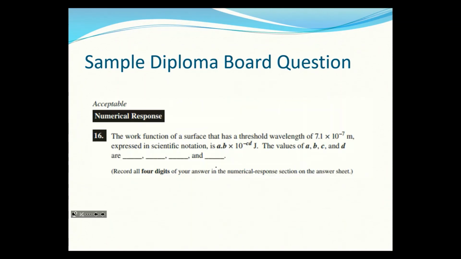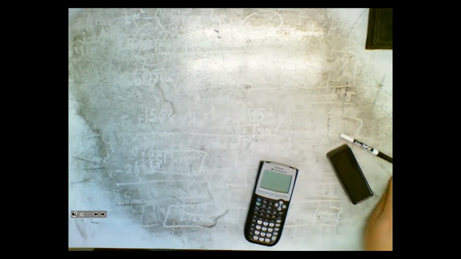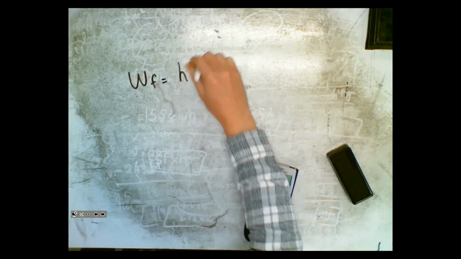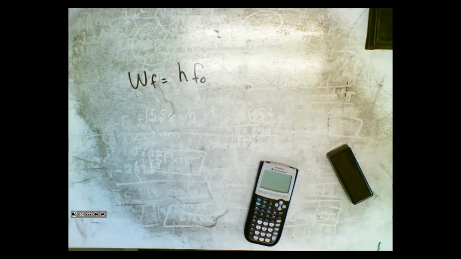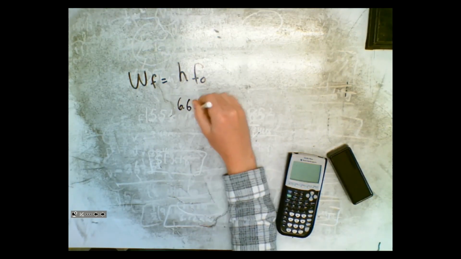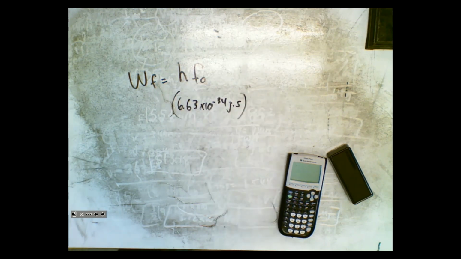Okay, so the next question asks for the work function of a surface that has a threshold wavelength, expressed in scientific notation. So this one is super easy. We don't even need that big equation.